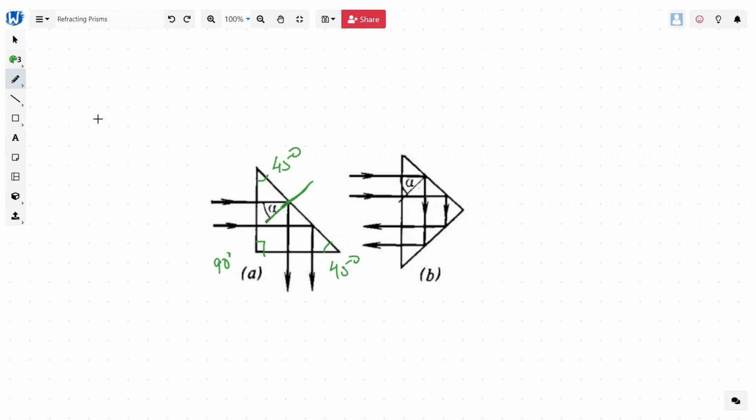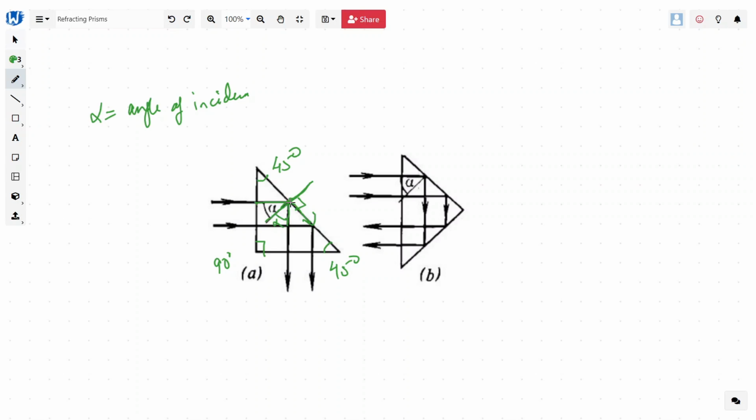This alpha is going to be our angle of incidence for this interface. We can always write Snell's law for the total internal reflection condition, where the ray of light is coming like that, getting reflected at the same angle alpha, and this is 90.